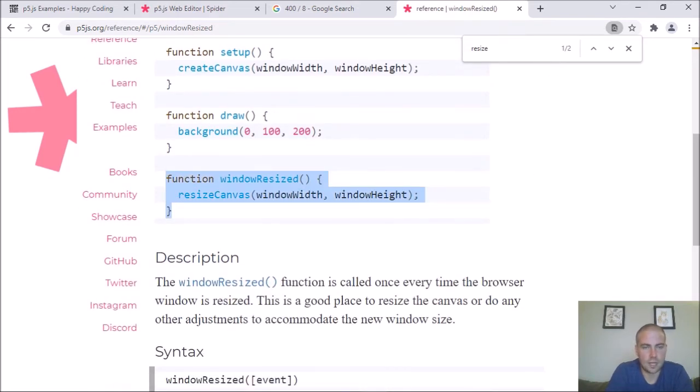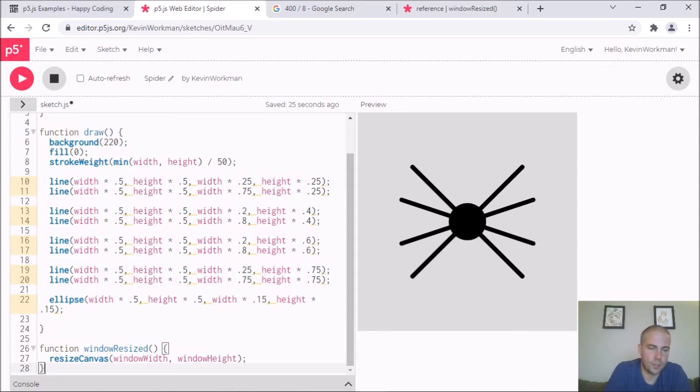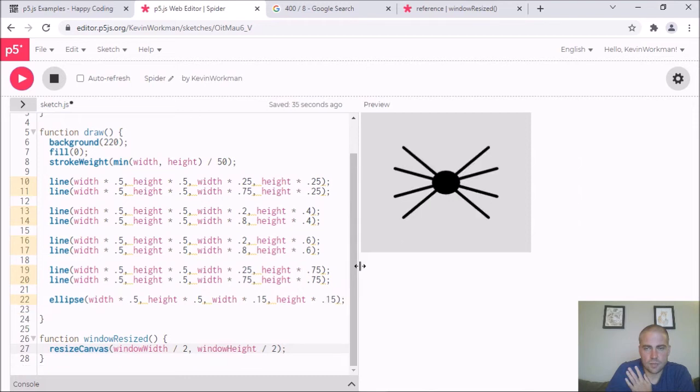So I'm going to copy this windowResized function, which is a p5 function that is called when the window is resized, and then I can do something like windowWidth over 2, windowHeight over 2, maybe.